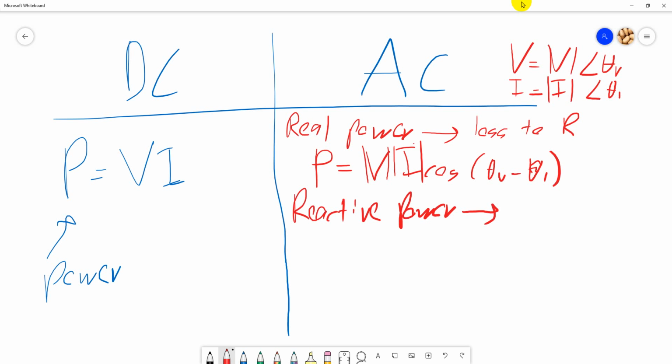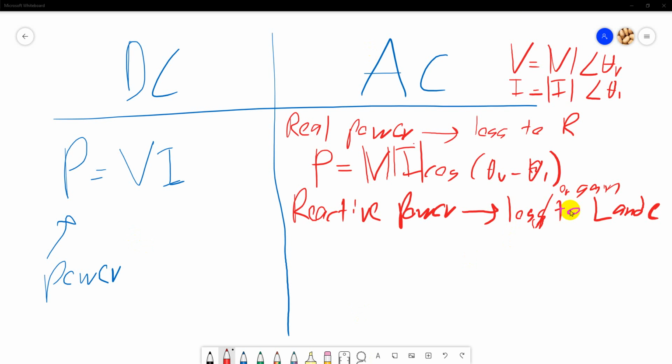It is basically power that is lost or gained to L and C. Reactive power is lost to L, and for C it will supply reactive power.